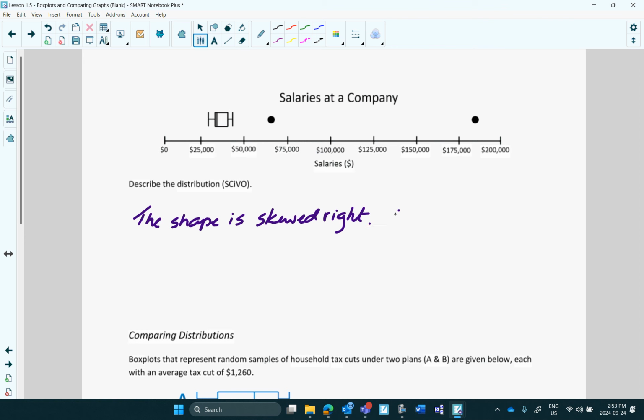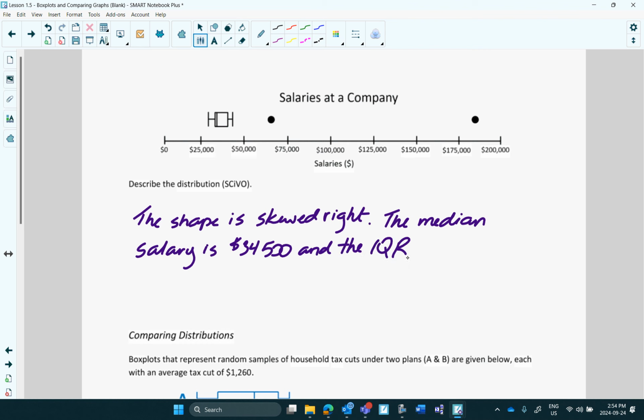The measure of center, well, we're automatically going to talk about the median for the box plot. The median salary, if you want to write in context, is 34,500. And the interquartile range, or IQR, we already calculated that, was $7,000.